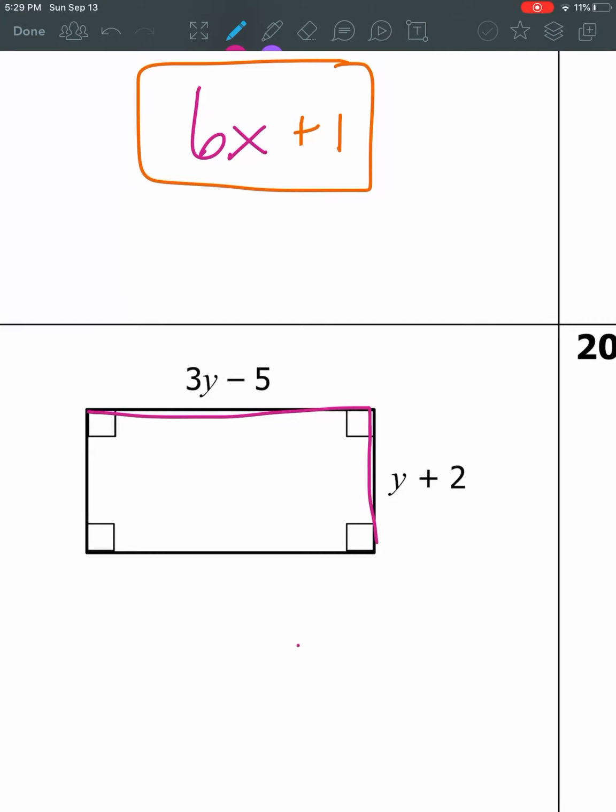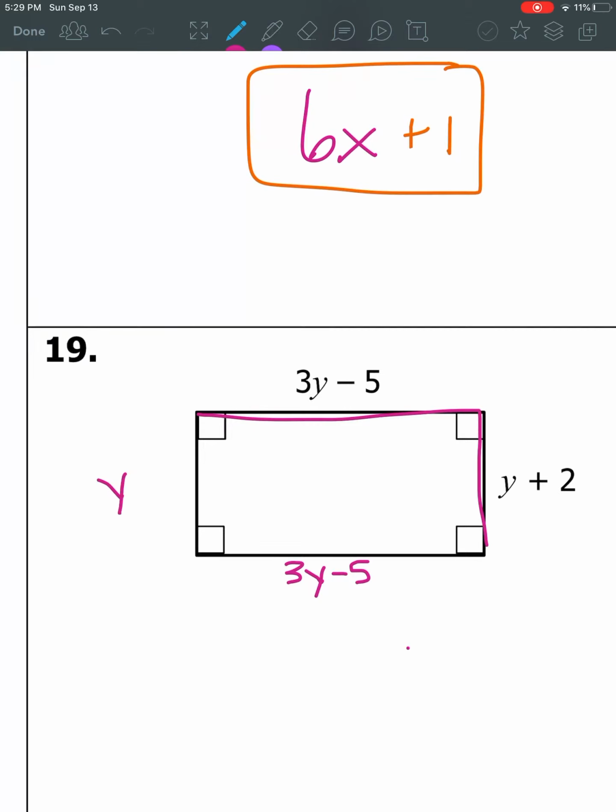Okay, now this one, be careful because remember perimeter means all the way around, so if we only add those two, we will have forgotten this side is the exact same across, the parallel side, and then this side as well. So let's go through like terms. We have 3y here, a y here, so 1y, 3y, and a y here.